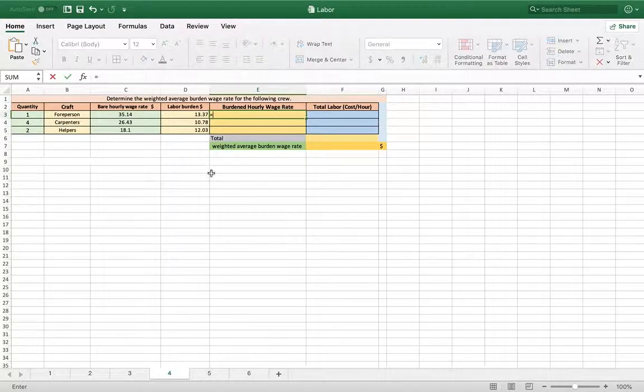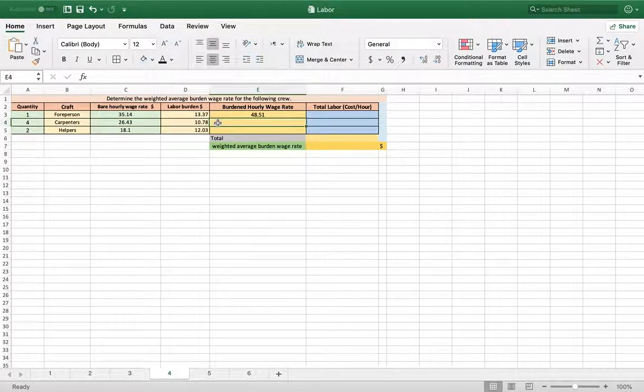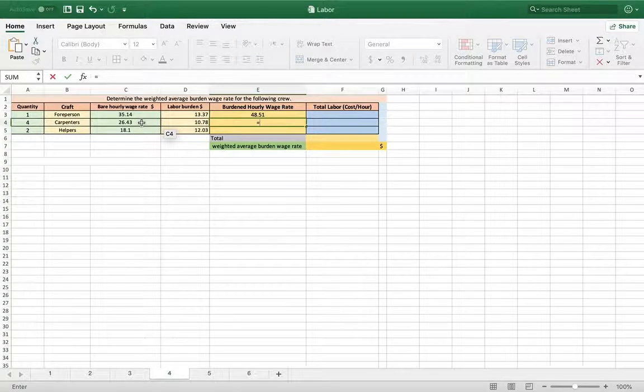So that means we're gonna do this one plus labor burden, and we're gonna do the same, bare hourly rate plus the labor burden, and the third one is the same, so we're gonna bare hourly wage plus labor burden.